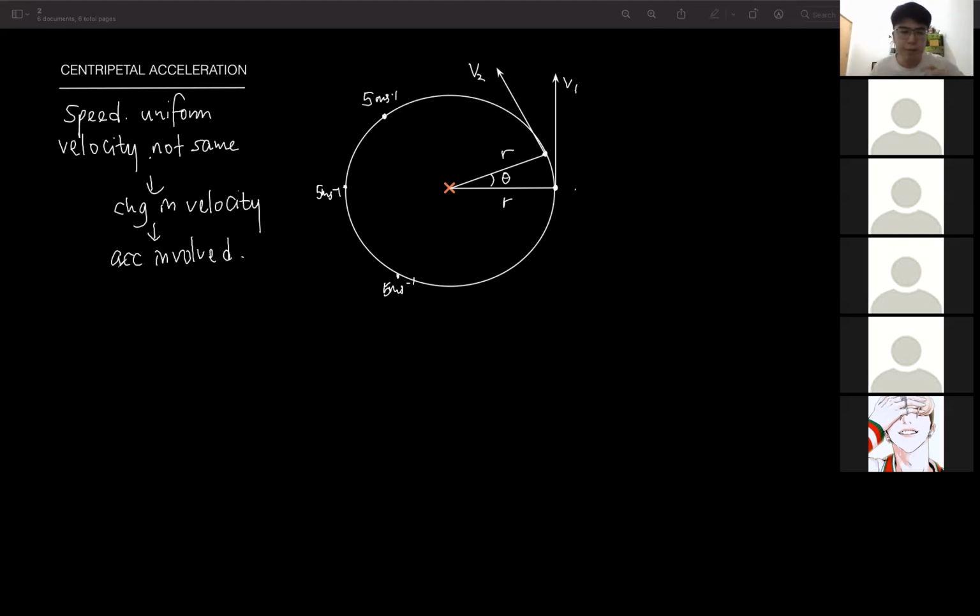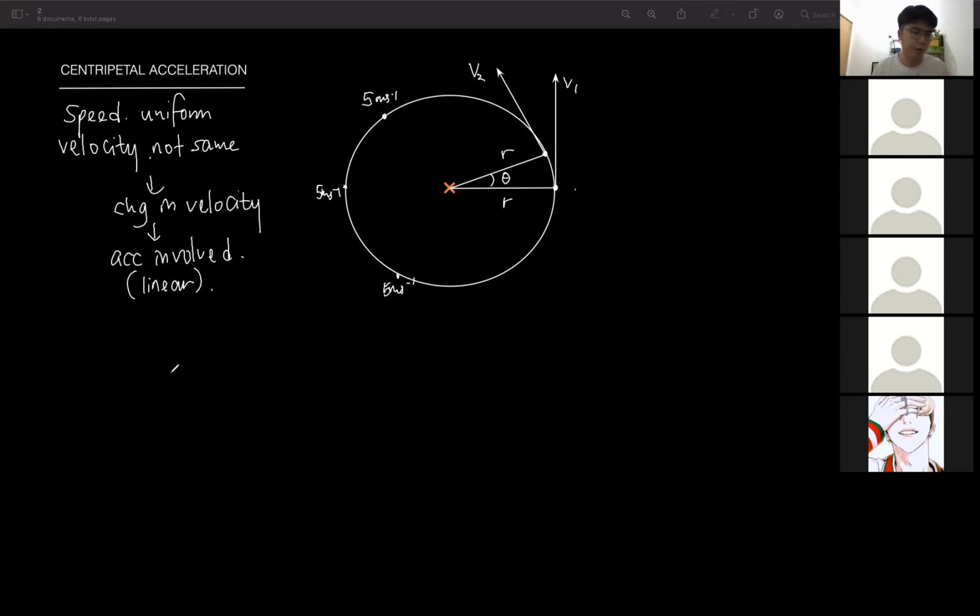What acceleration is this? Our velocity is linear velocity, so the acceleration due to this velocity is also a linear acceleration. So there is a linear acceleration due to which the particle is changing its direction.